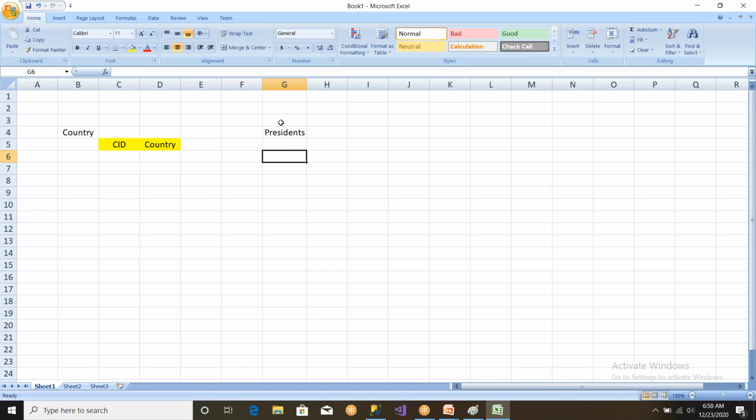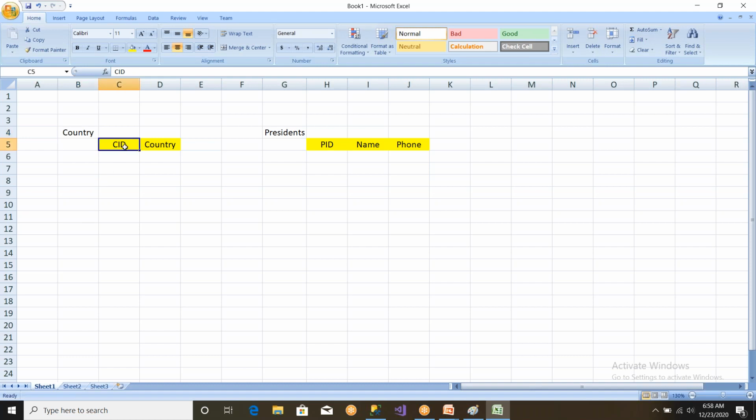Later we're going to be creating these tables in our database. As of now, I'm showing in Excel sheets. So what is the president ID, president name, and president phone number. These columns are called attributes. Country is a table, or we'll be calling this an entity. So country is an entity.